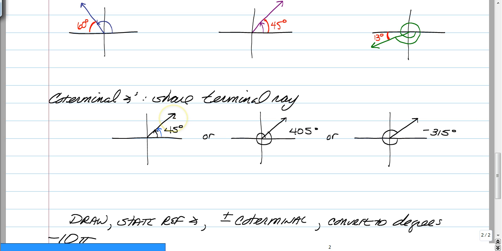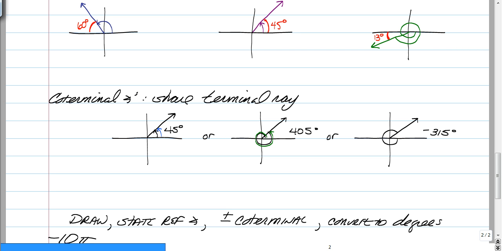But another way that you can graph that is you can do a full rotation. So this would be our full 360-degree rotation, brings us right back to our initial ray, and then 45 degrees more. So that is, again, the exact same way of drawing a 45-degree angle.